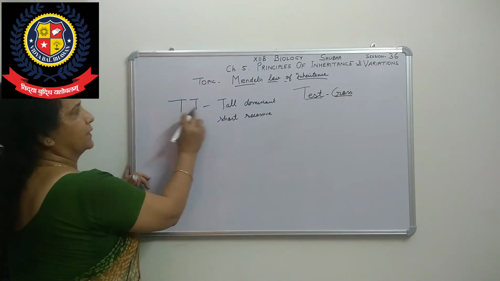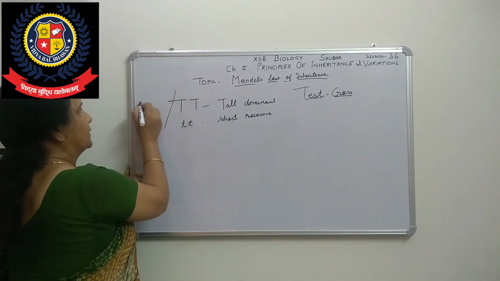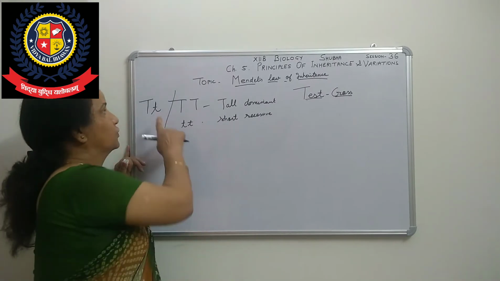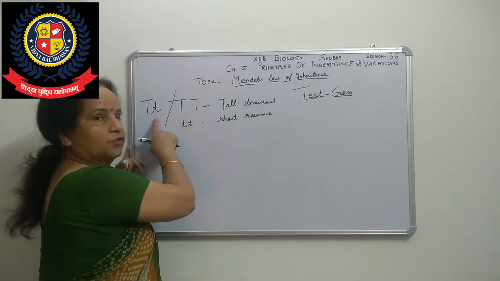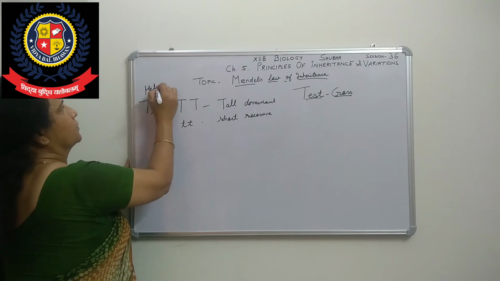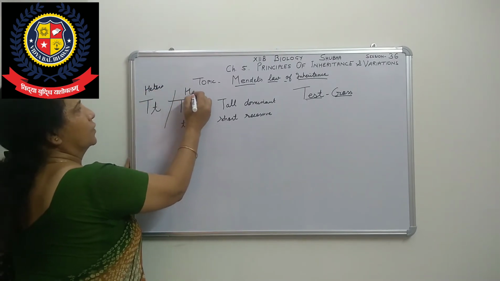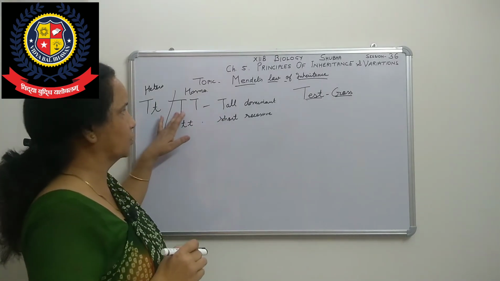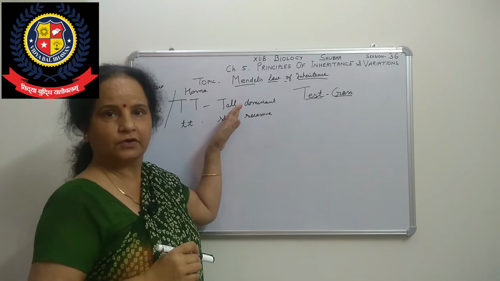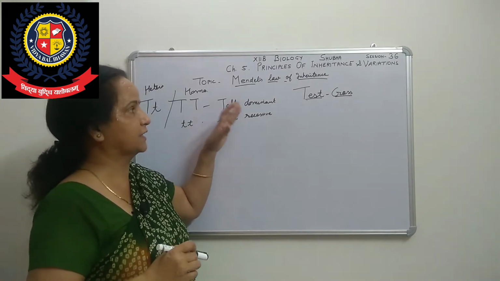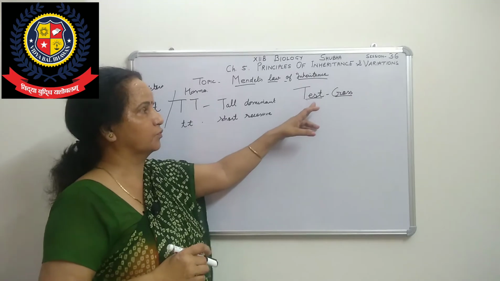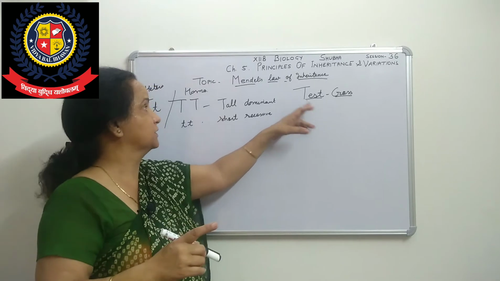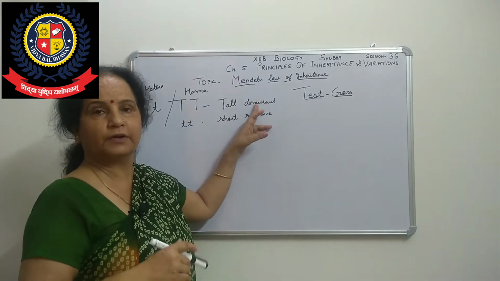In that case, capital T capital T is tall, and capital T small t is also a tall plant, though the genotype is different. One is heterozygous and the other is homozygous. But in both cases they show the tall trait, the height of the plant. So here we do the test cross to know the actual genotype of the dominant plant or dominant trait.